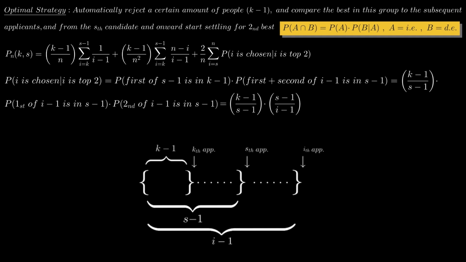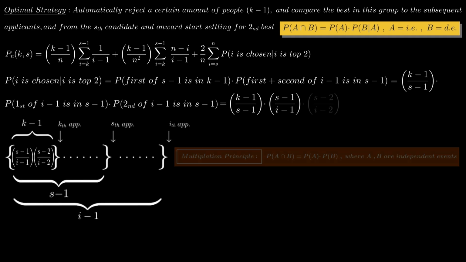And the probability that the second of I minus 1 is in s minus 1 is, now the first of I minus 1 is already taking up a slot in s minus 1, as you see here. So you subtract 1 from s minus 1, so now the interval is s minus 2. You subtract from I minus 1 as well, and you have s minus 2 over I minus 2.